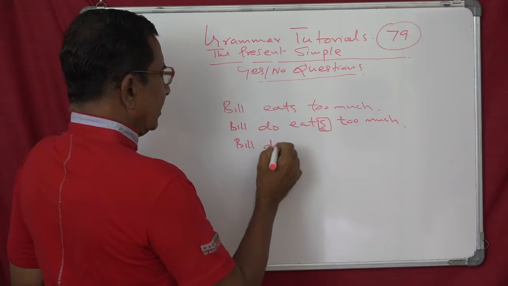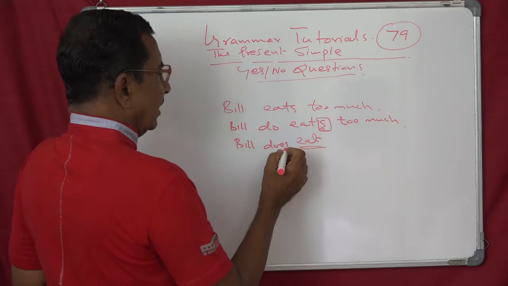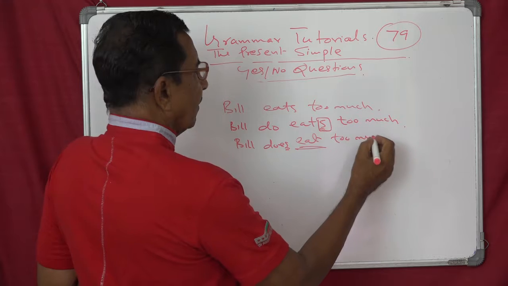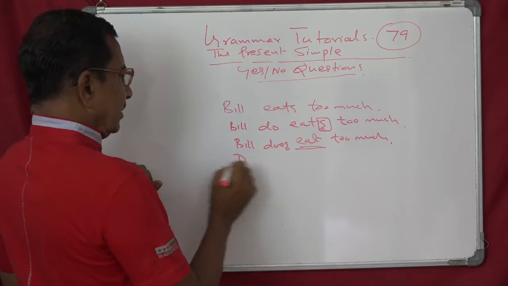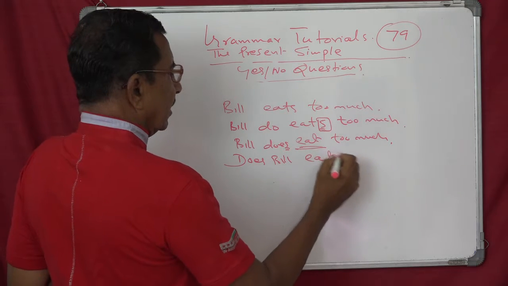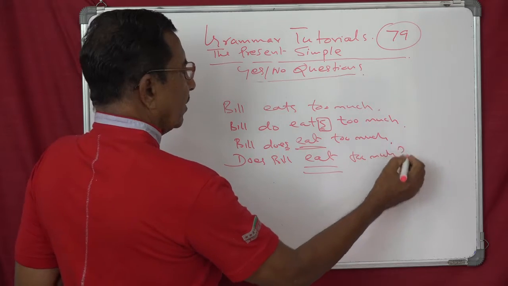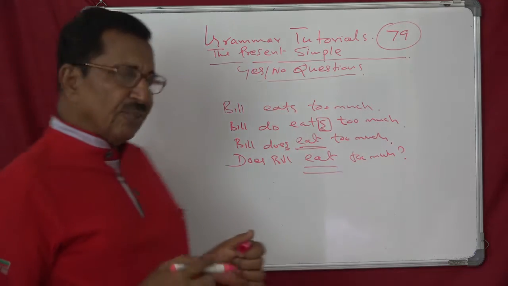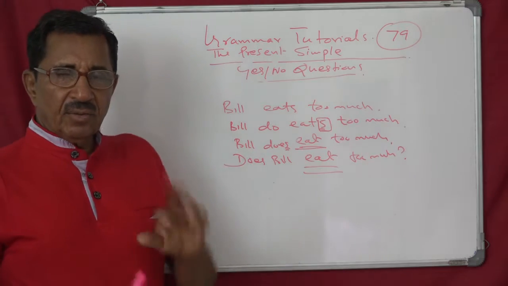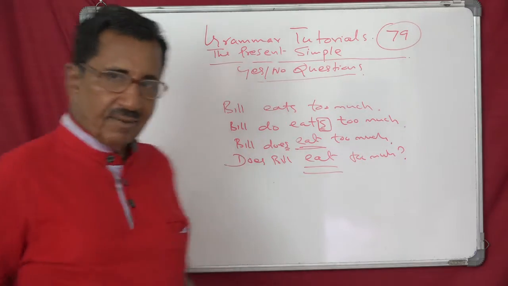Bill does eat too much. See, look at this. Here it says does eat too much. Question: does Bill eat too much? Not that. Does Bill eats too much? That will be doubled using two tense markers, which is not necessary. Understand?